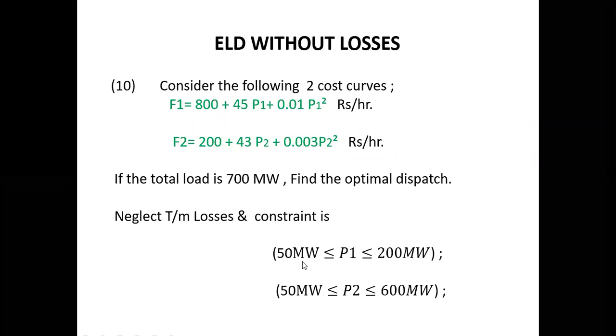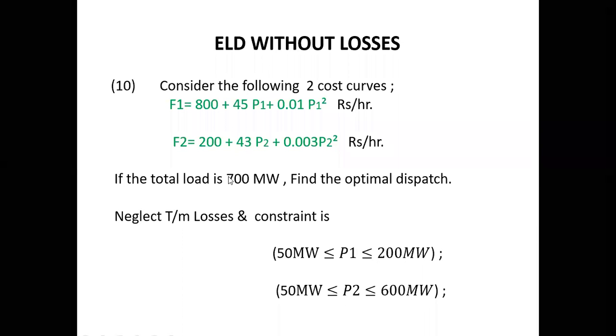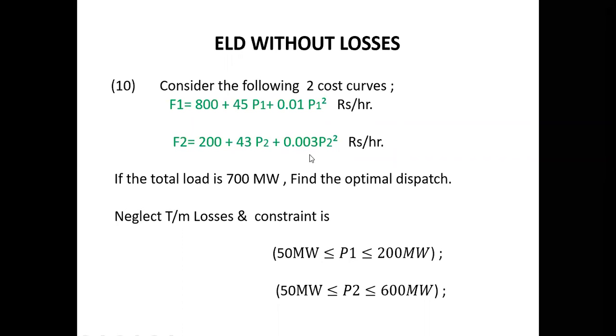P1 must be within the limits of 50 megawatts to 200 megawatts, and similarly P2 is within the limits of 50 megawatts to 600 megawatts. First find P1 and P2. If these two are within the limits, there will be no problem. But if either P1 or P2 is not within the limits, then we will have to do something else. So let's look at the solution.